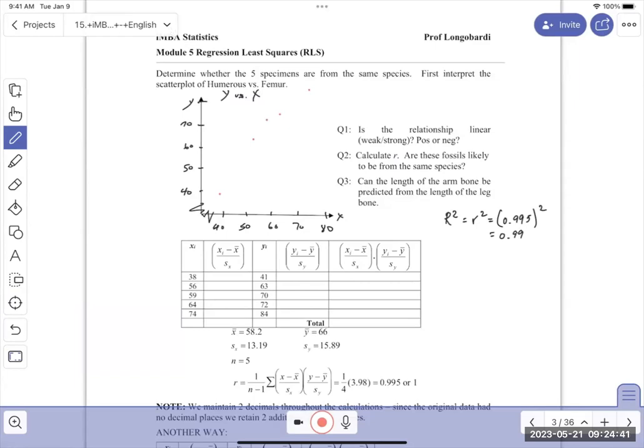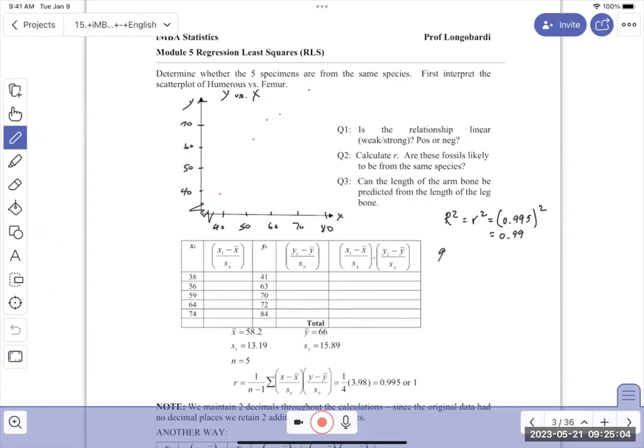Okay, so this is like a rounding nightmare. So let's take the number, and let's just go with this. So this was R from the data where we made a table. I make a table and I calculate. I'm going to talk about the table elements in a second. So if I square this, I get 99%.